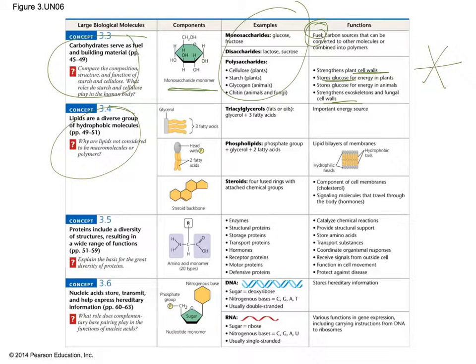Lipids, then, we have these three different types, where we have the triglyceride, the phospholipid, and the steroids. This is going to be a main stored energy source. It is also found in cell membranes, and it also helps as some signaling molecules.